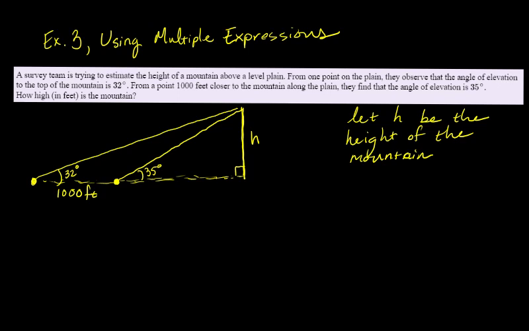So how could we go about doing that? Well, first I'm going to introduce another variable. So take a look. I'm going to call this just x, okay? And so let x be the distance, right, from the survey team to the base of the mountain. Does that sound okay to everybody? But I want you to also notice two right triangles.